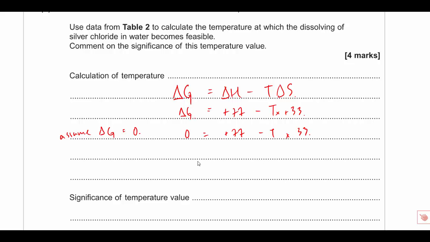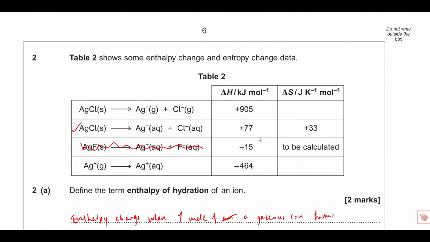With a bit of a rearrange, we can get to T is plus 77 divided by 33, but what we've also got to remember, I almost messed that up there.